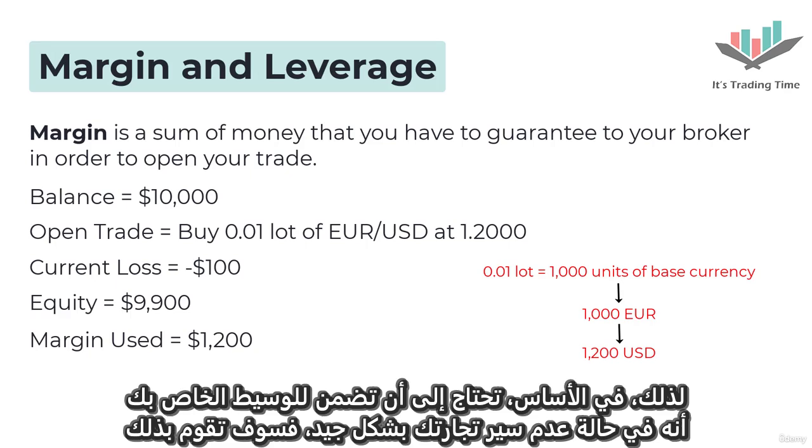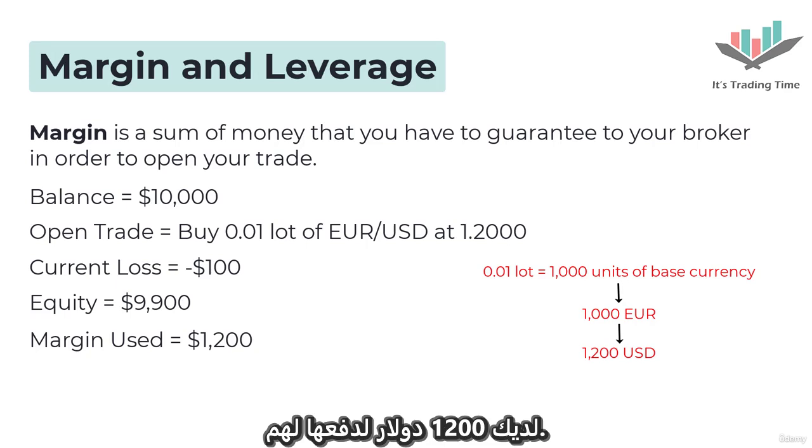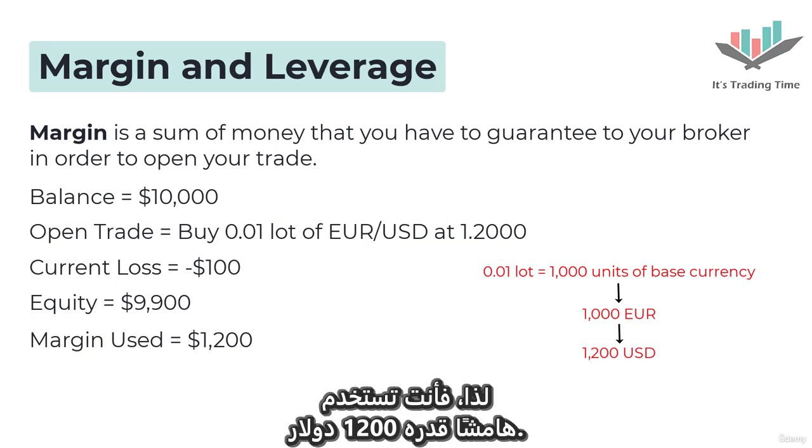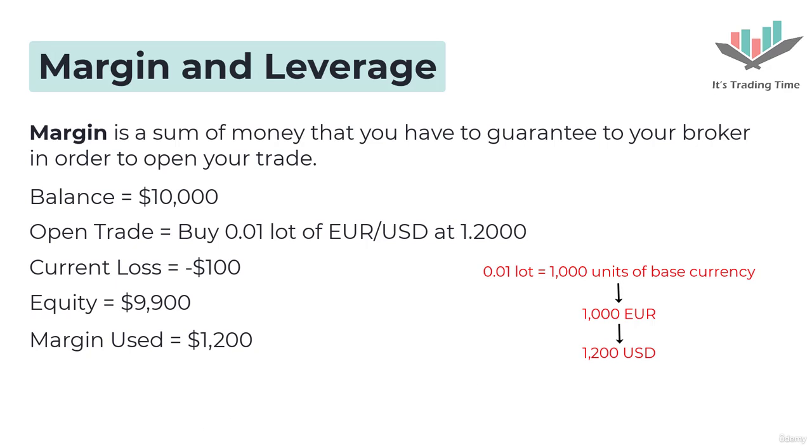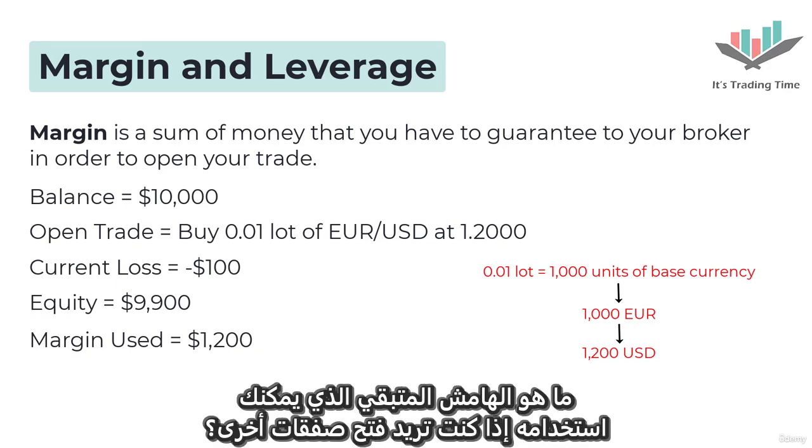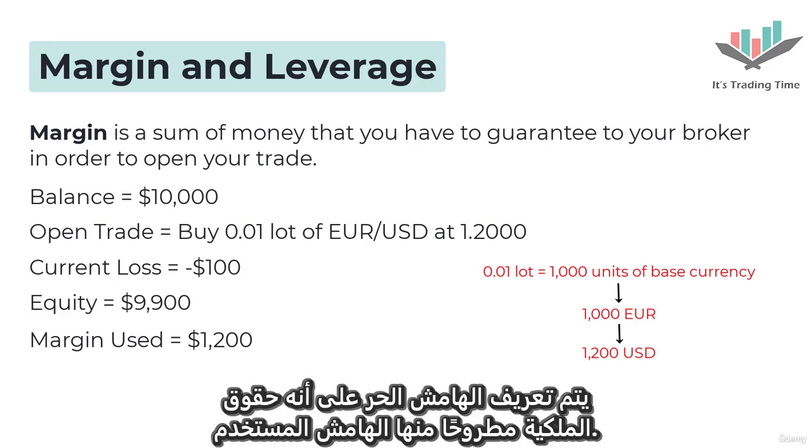So essentially, you need to guarantee to your broker that in case your trade doesn't go well, you have $1,200 to pay them. So you are using a margin of $1,200. What is the remaining margin that you can use if you want to open other trades?